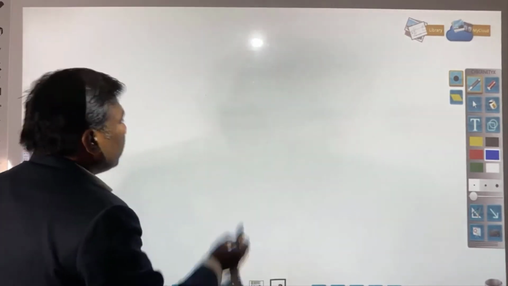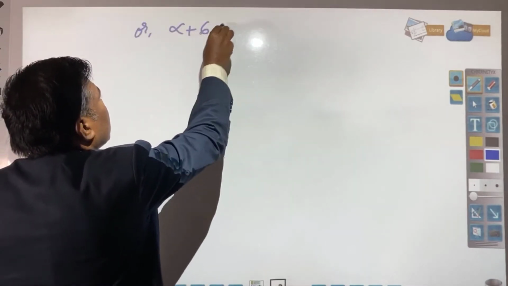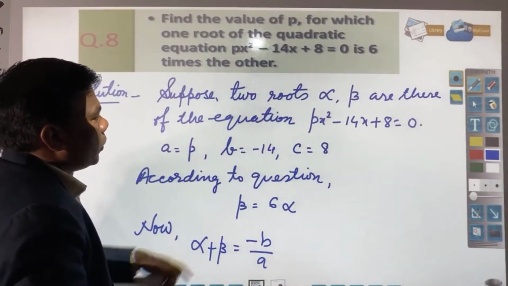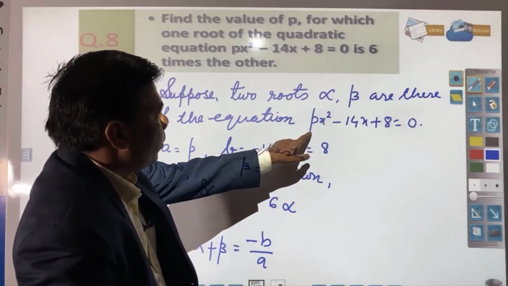So, it will be alpha plus 6 alpha is equal to minus b by a. Here minus b means minus 14 by p.